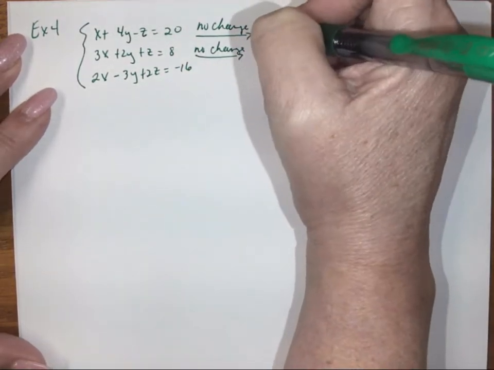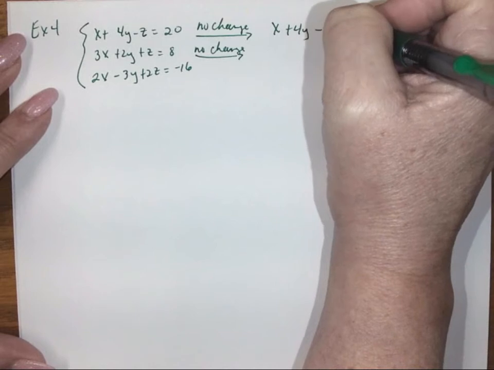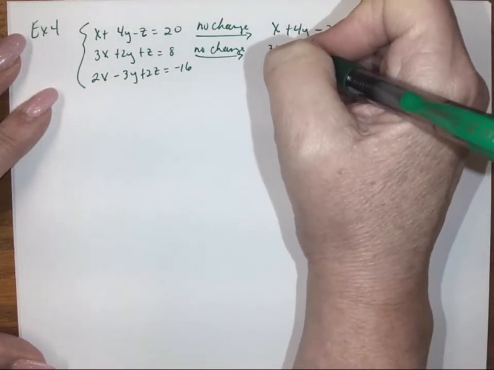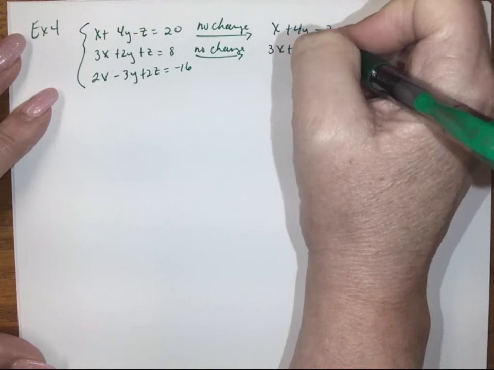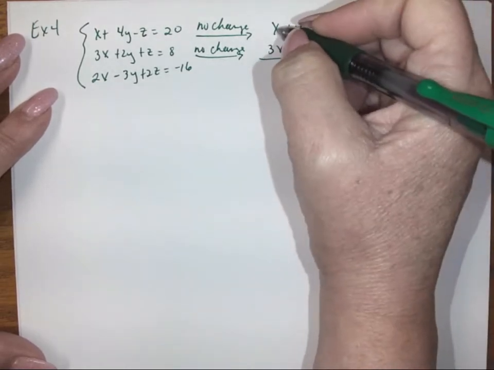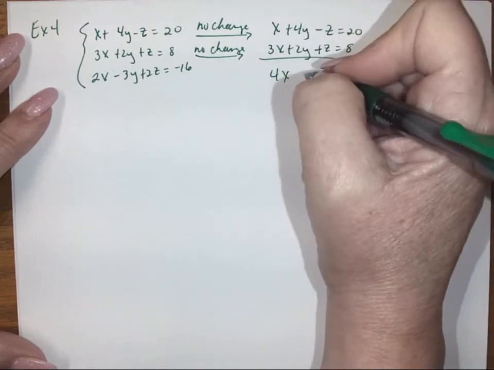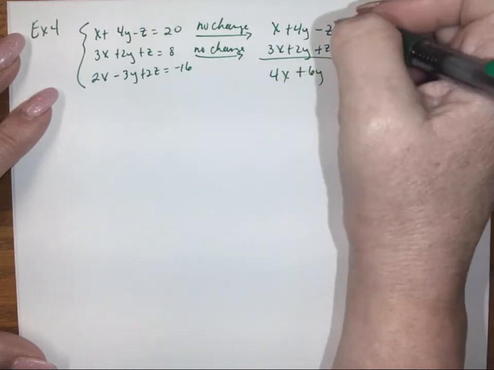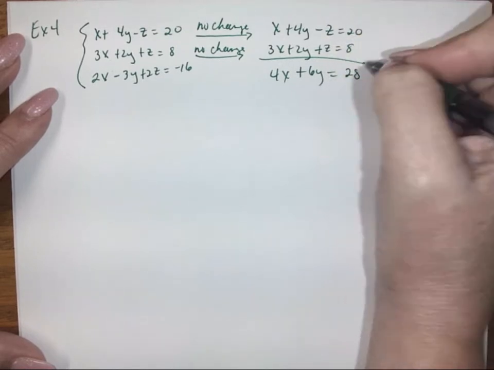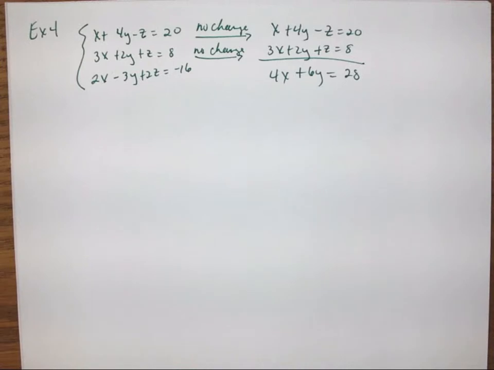So we'll have x plus 4y minus z equals 20, and we have 3x plus 2y plus z is equal to 8. So x plus 3x will get us 4x, 4y plus 2y gets us 6y, the z's will cancel, and 20 plus 8 will get us 28. So we have one equation, we need a second one.